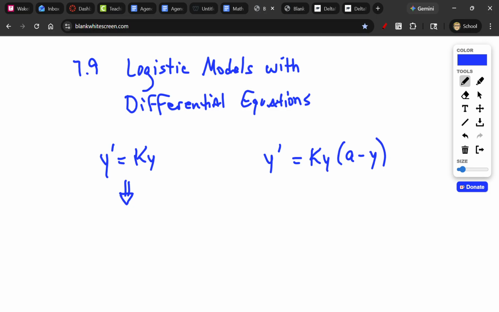You can do dy over y equals k dt and solve this, and you get y equals C, a constant of integration, my fault, times e to the kt.